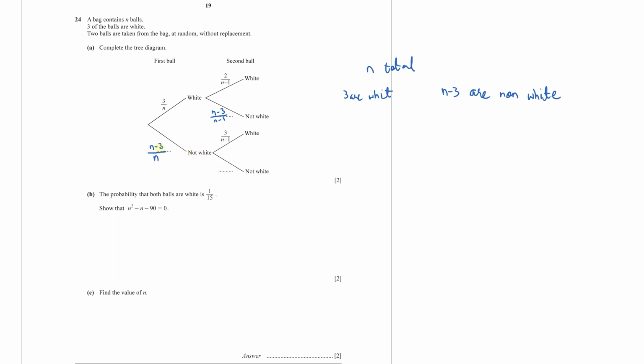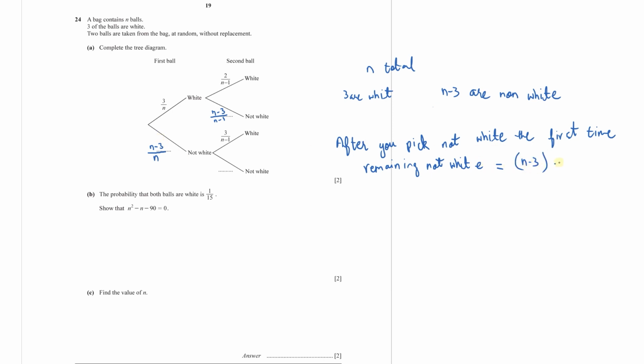So if you had n minus 3 not whites at the start, after you pick not white the first time, the remaining not white equals, so you started with n minus 3 and then you picked 1, so you subtract 1. So n minus 3 minus 1 will be equal to n minus 4.